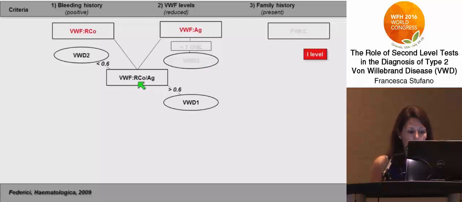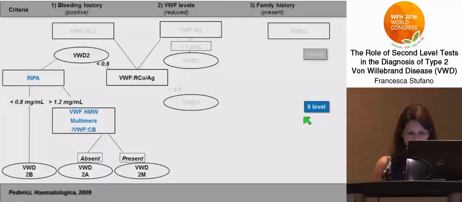If there is a discrepancy between the activity of von Willebrand factor and its amount, we can diagnose von Willebrand disease type 2. If there isn't this discrepancy, and so the ratio of von Willebrand factor ristocetin cofactor to antigen is above 0.6, we can diagnose von Willebrand disease type 1.